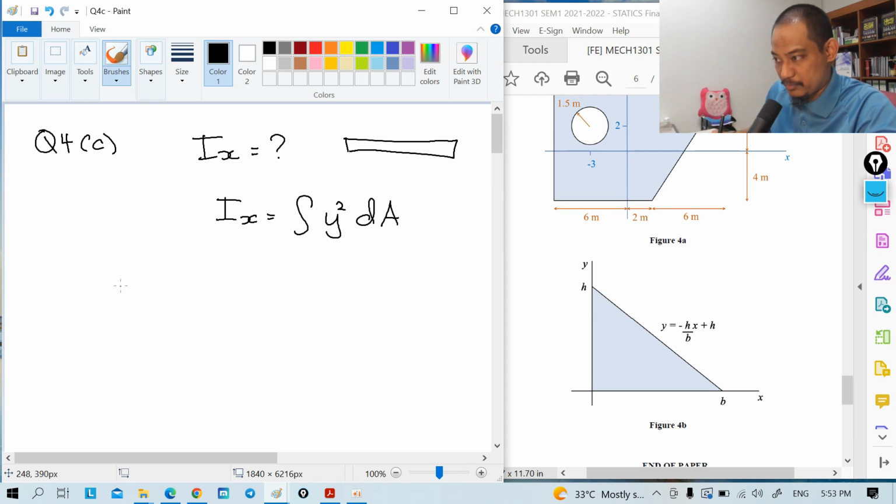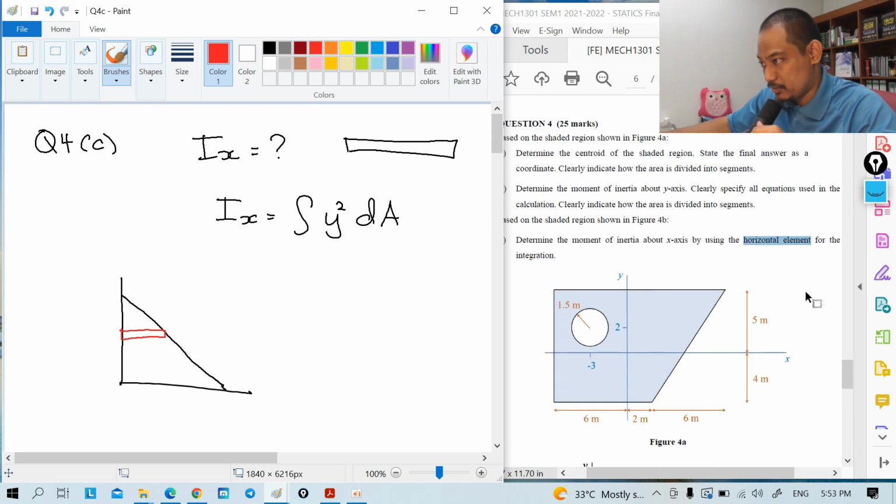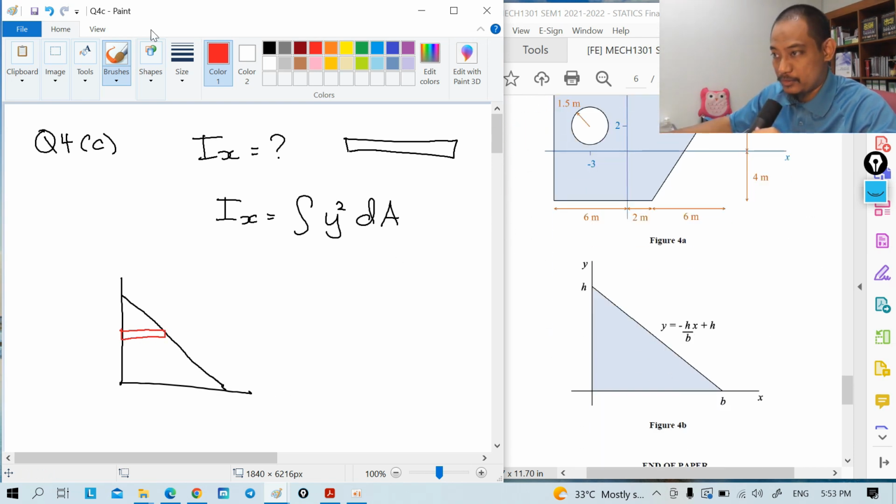So if I redraw it like this, this is the region, and we need to use the horizontal element, right? Horizontal, correct. The equation is already given: y equal to minus h over b x plus h.